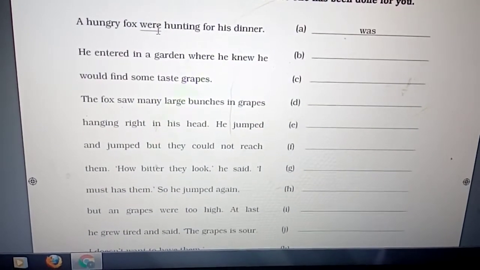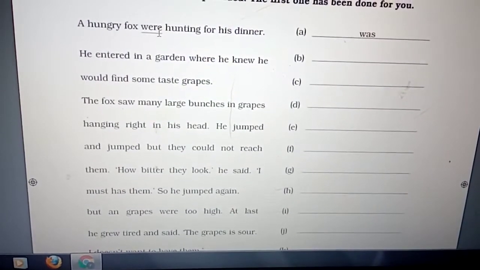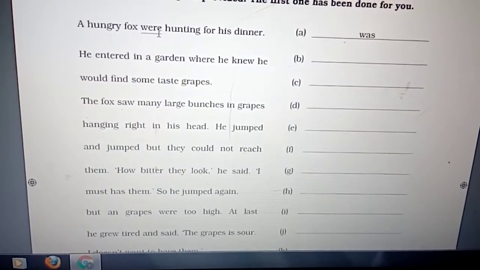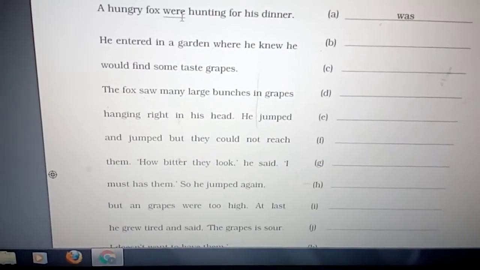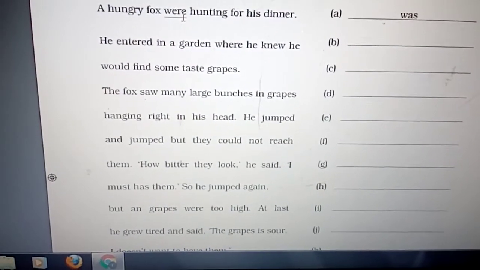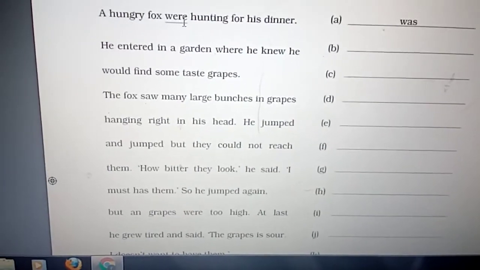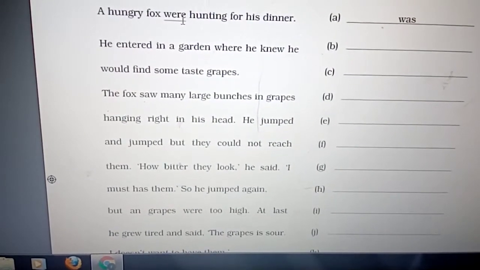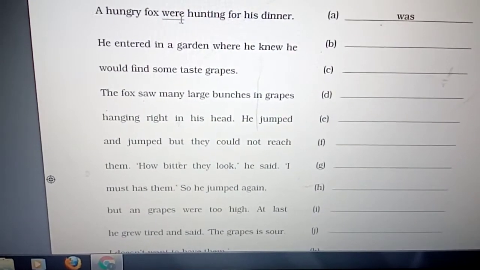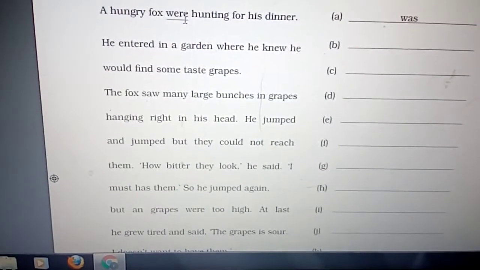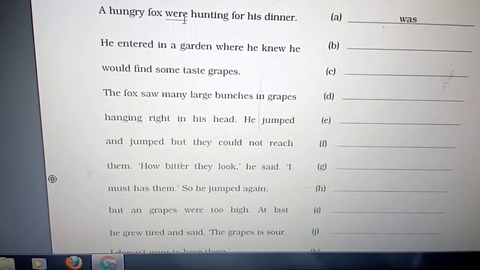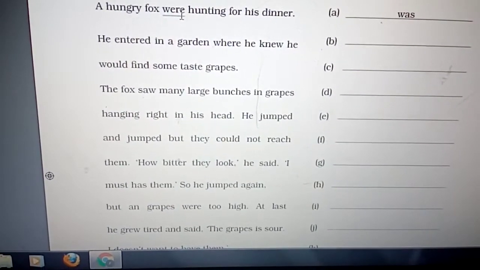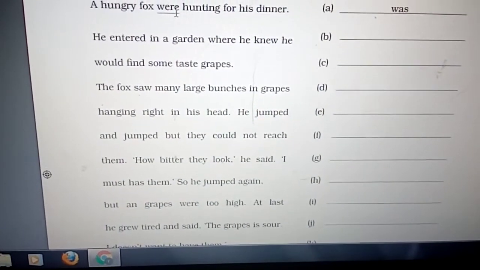How bitter they look, he said. They is used here for what is looking bitter? Grapes are looking bitter, so they is used here for grapes, which is wrong. It will be it.